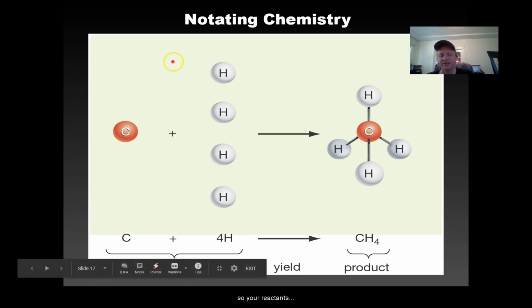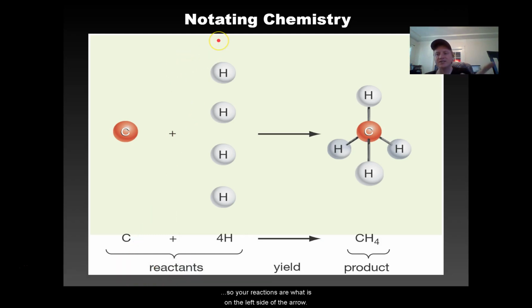Your reactants are what is on the left side of the arrow, and your products are what is on the right side of the arrow. Okay, so these reactants undergo some sort of chemical reaction, yielding our product, or sometimes products. So reactants yield products. Carbon plus 4 hydrogen yield methane.